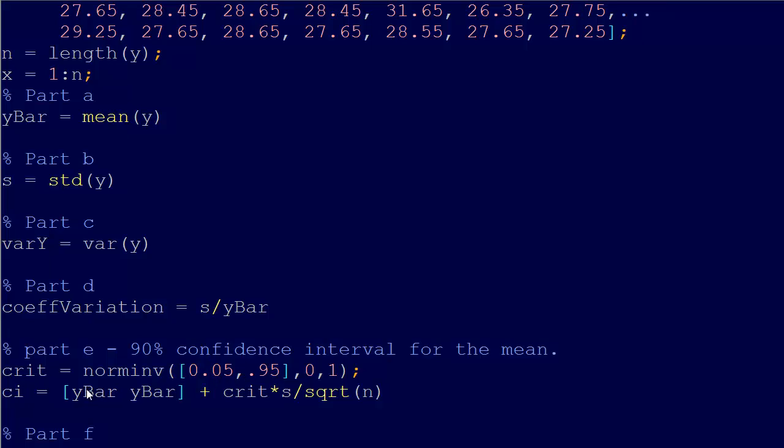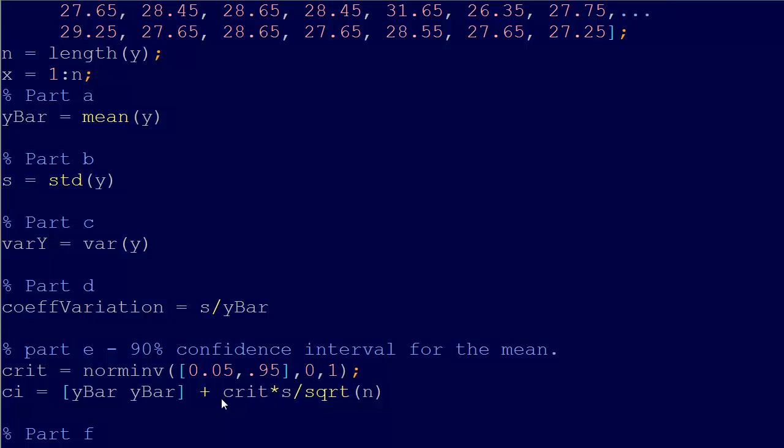It gives me the critical p-values, and once I have those, I can compute the confidence interval by taking y bar and adding in the critical values. One of them is going to be negative and the other positive, so if I just add them both, it'll be correct because they already have the sign attached.